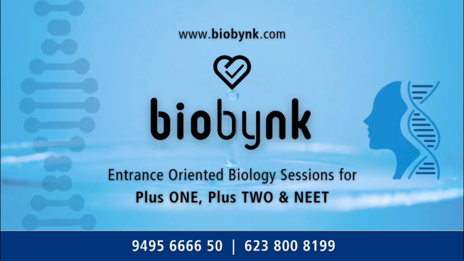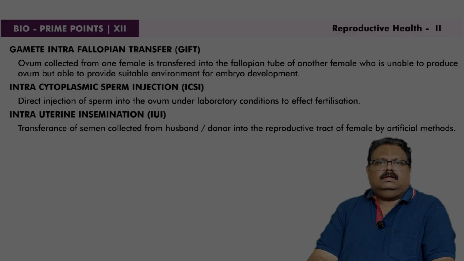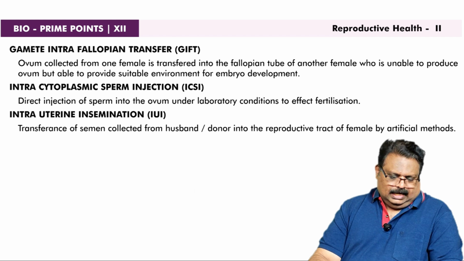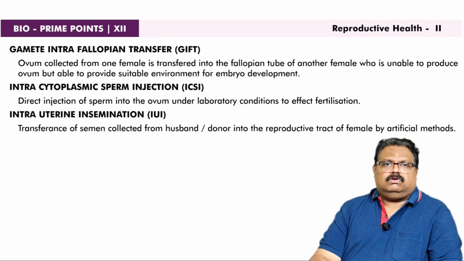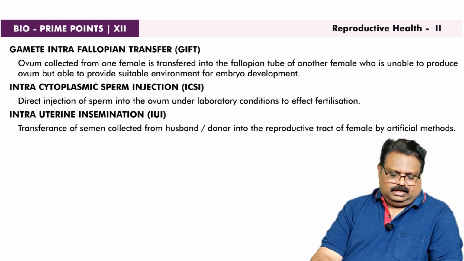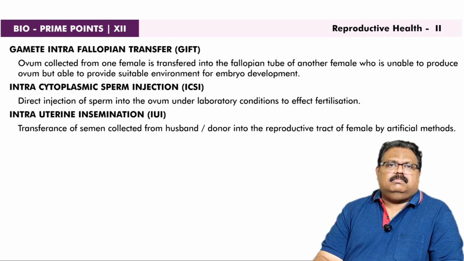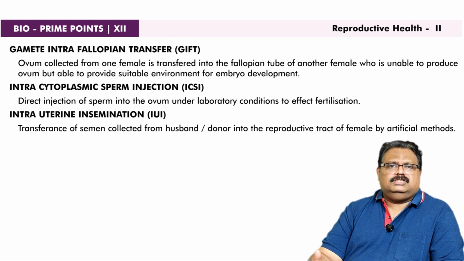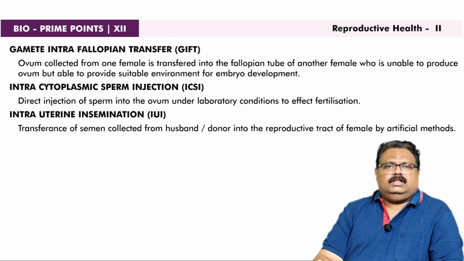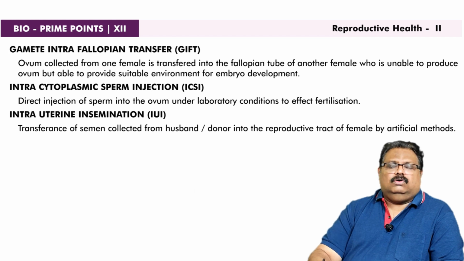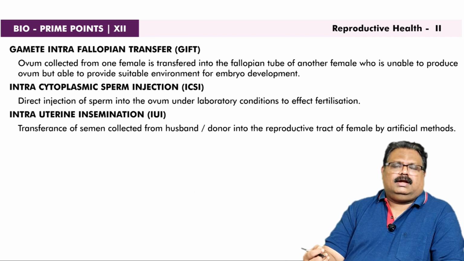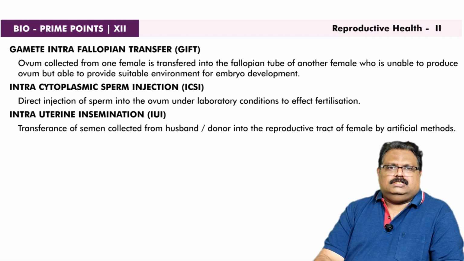Then the next important point is gamete intrafallopian transfer or GIFT. What is that? If a female is unable to produce ovum, but other conditions of pregnancy are okay, the fallopian tube is okay, the uterus is okay, everything is okay, but the female is unable to release ovum, the ovum can be taken from a donor and transferred inside the fallopian tube of this lady.